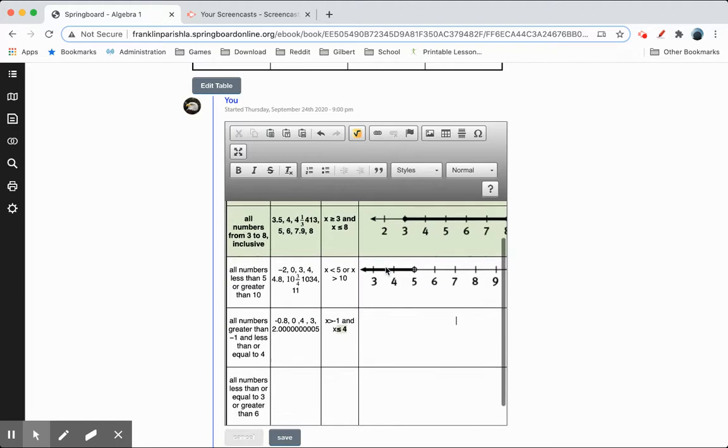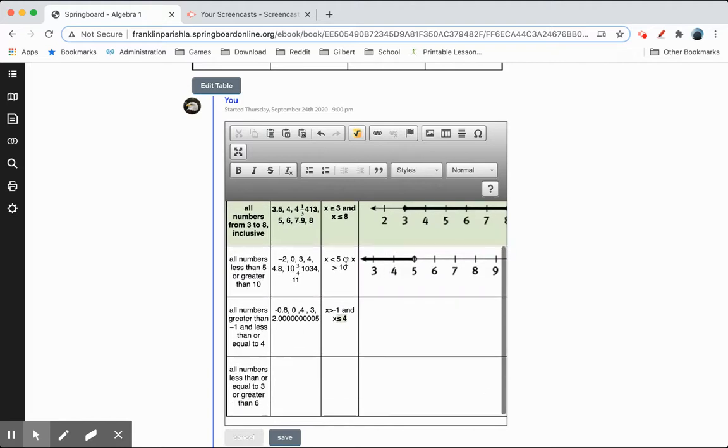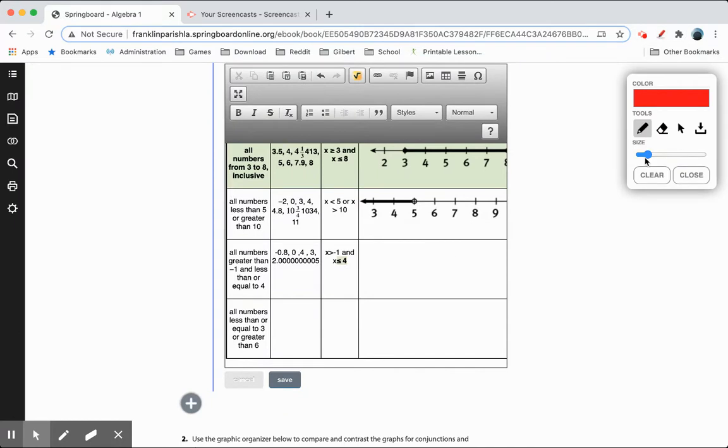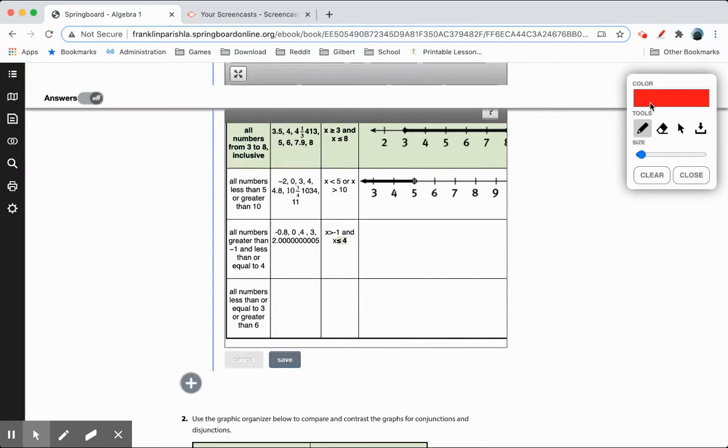Now we need to put in the graph, and this is a little tricky, so I'm just going to use the marker tool to kind of draw it in. If you have your book, you'll be able to draw it in with your pencil, but on the computer, it's slightly trickier. There are ways to do it, but I'm not wanting to get into that right now. Pretend that this is a straight line, and that I could draw any kind of way with a mouse. Alright, let's have -1.